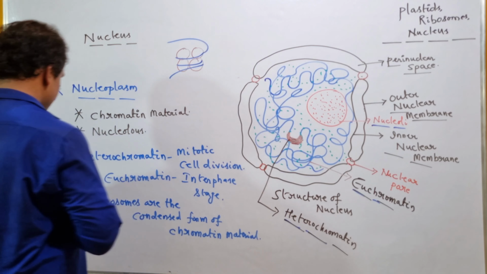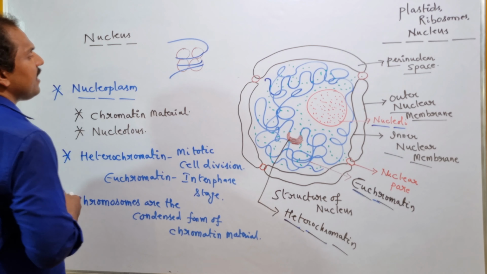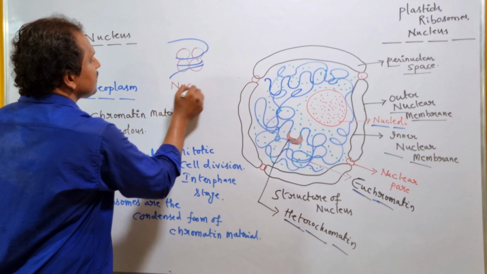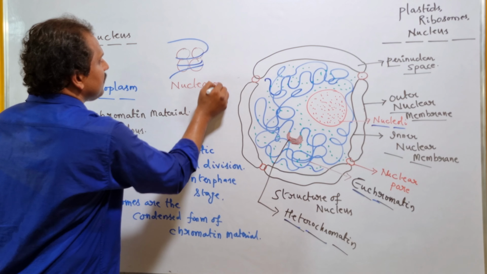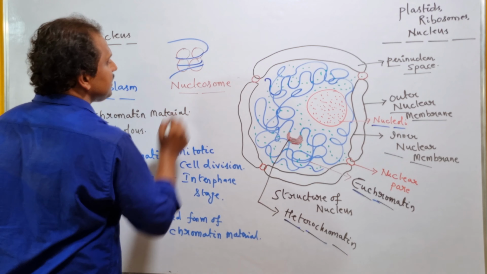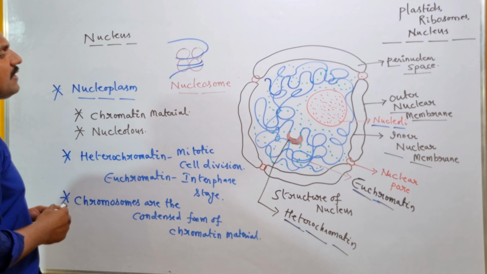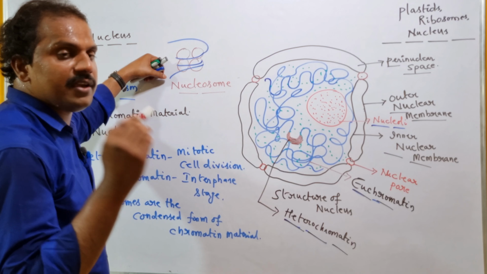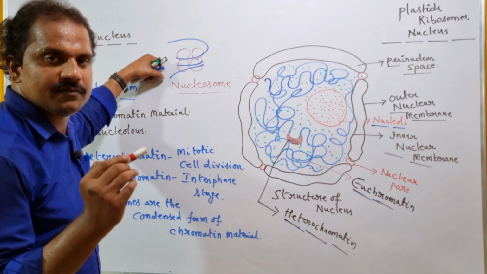Once the DNA is wrapped around the histone octamer, it leads to the formation of what? Nucleosome. Is it clear?